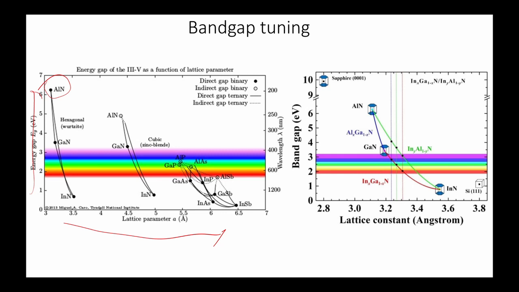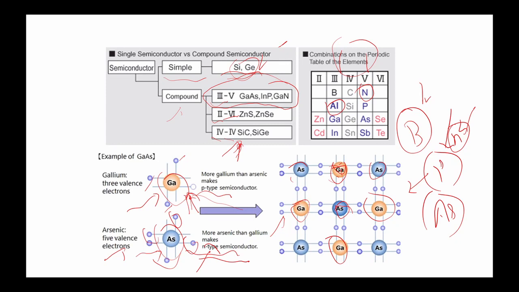Aluminum and nitrogen are smallest in size, and we don't take boron nitride as boron is very small in size. So we take aluminum and nitrogen, which are at the top.